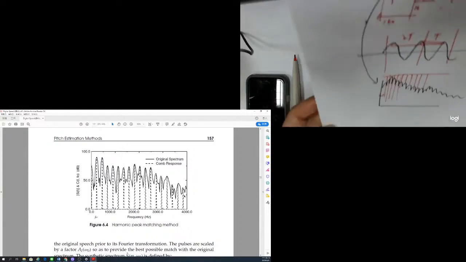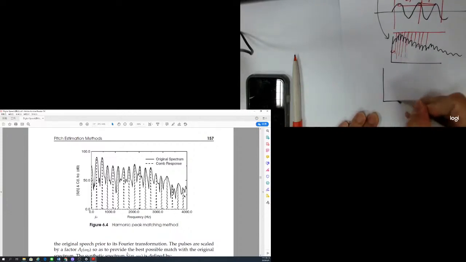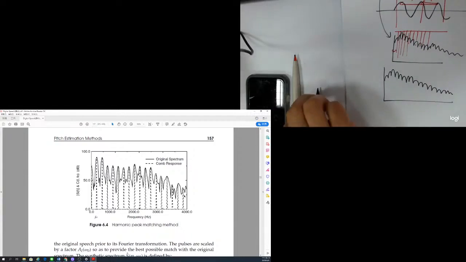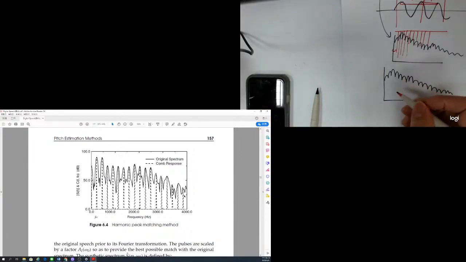What do they want to say here? Your frequency domain has harmonics, and this harmonic structure in the time domain is pitch. So I give you the comb filter, and we adjust the comb filter with omega 0.